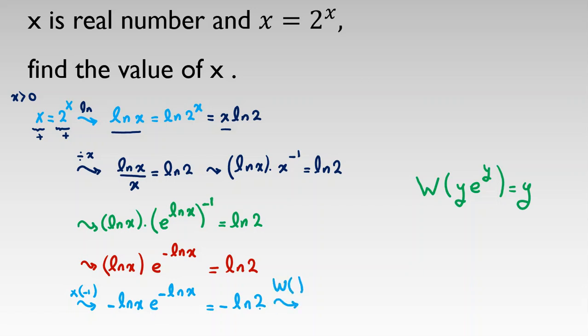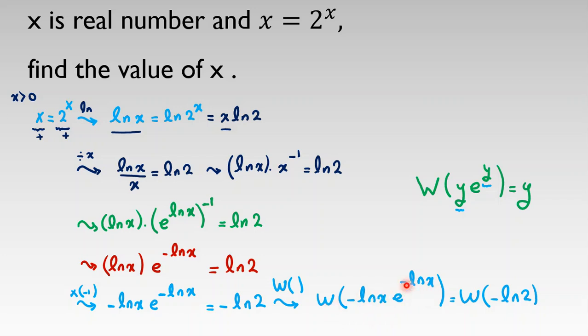Now if we take W from both sides, the left hand side is W of negative ln of x times e to the negative ln of x, and the right is W of negative ln of 2. Here we said y e to the y. If we want to apply W, y here equals exactly negative ln of x, because we see exactly negative ln of x in the power.